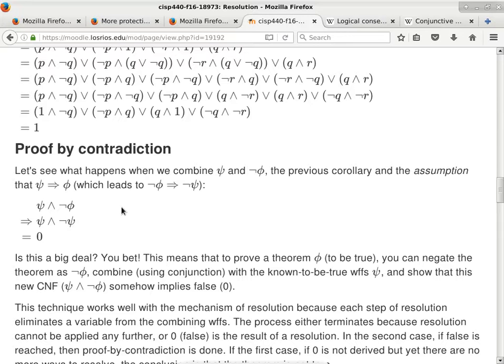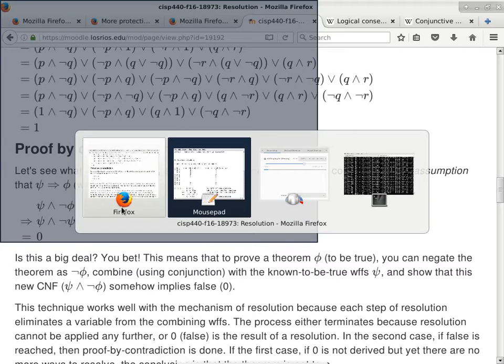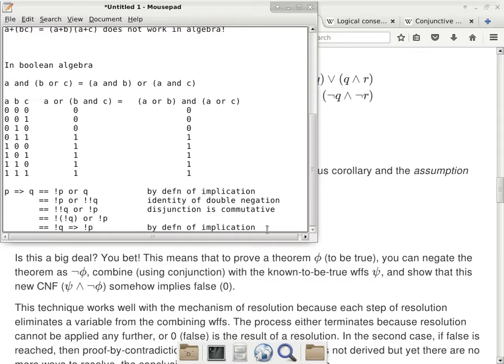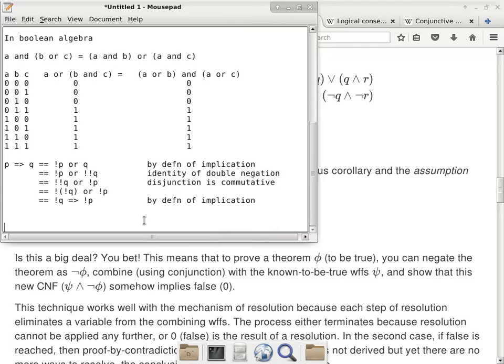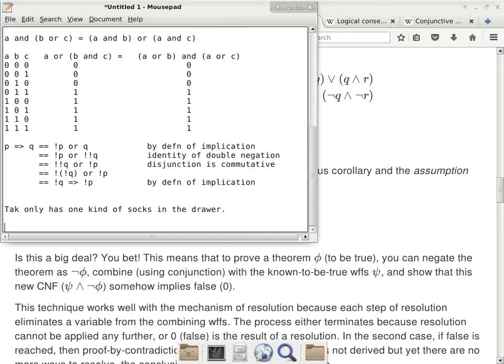Okay, I'll give you one example of proof by contradiction. And I'll write it on the board too, so this way we have it recorded. Okay, so Tag only has one kind of socks in the drawer. So the question is, I should rephrase this as a true-false thing.